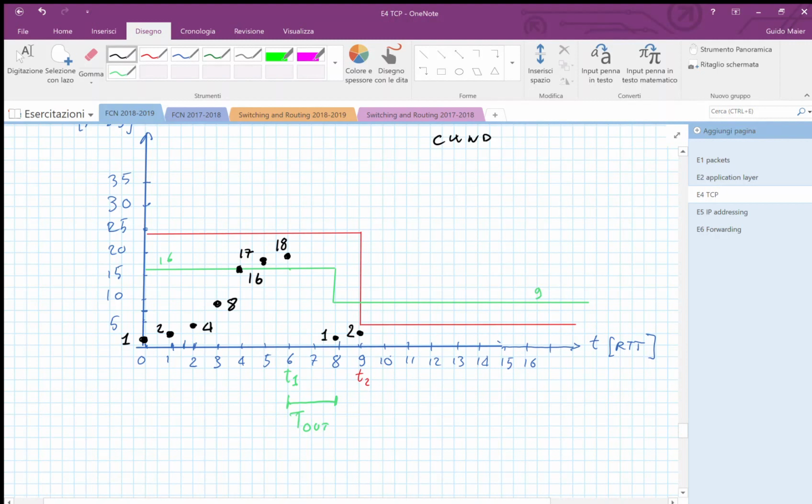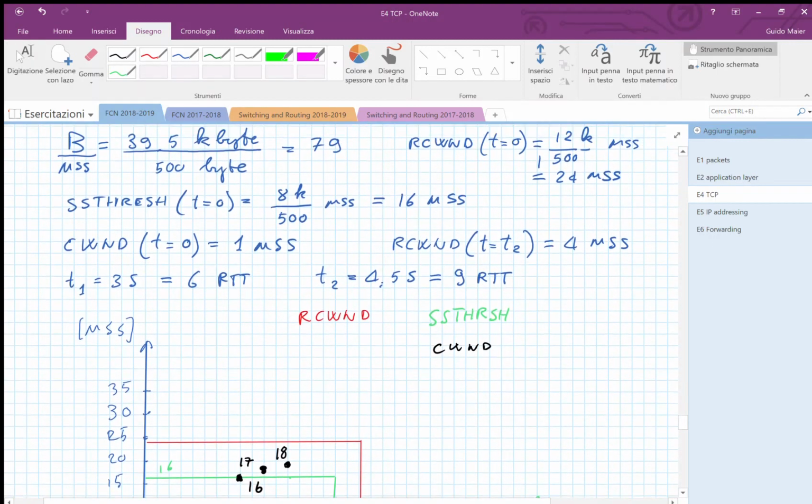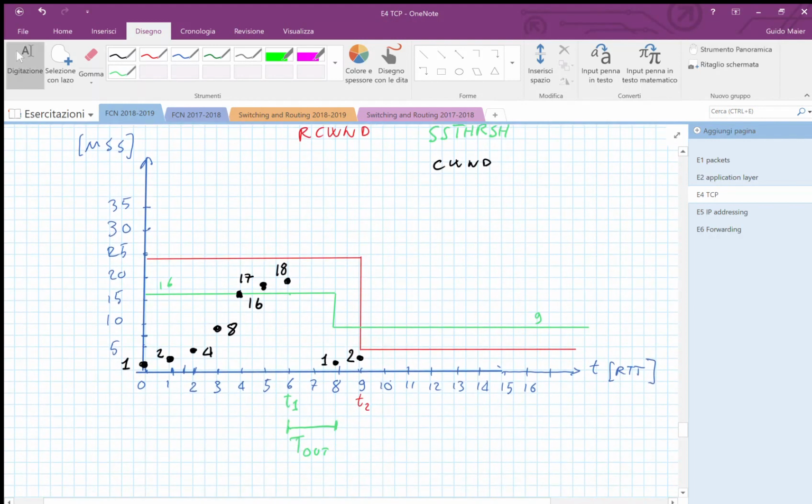Now we must be careful because we also have to start counting how many segments of the file have been transmitted. Okay, we know that the file was 79 segments long, and so we have to count how many segments have been transmitted so far.